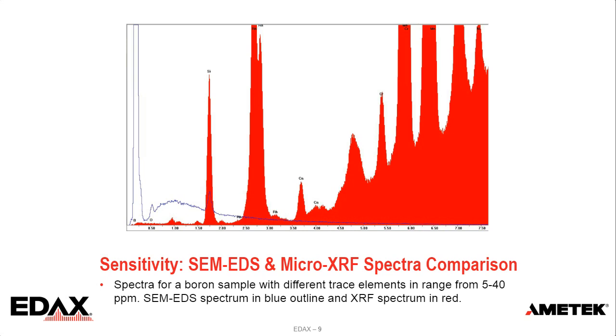In the EDS spectrum, we do not see the peaks starting from calcium, while we can see calcium, chromium, manganese, and nickel peaks as trace element peaks in the Micro-XRF spectrum. So that's the difference in sensitivity between SEM-EDS and Micro-XRF.